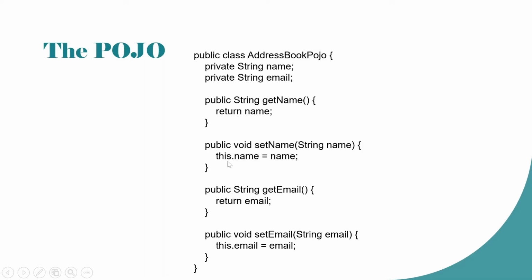So if I say this dot name, I'm now able to access this variable here, and if I say equals the variable name, I'm now able to take the value I pass in here and store it in there using the this reserved word.